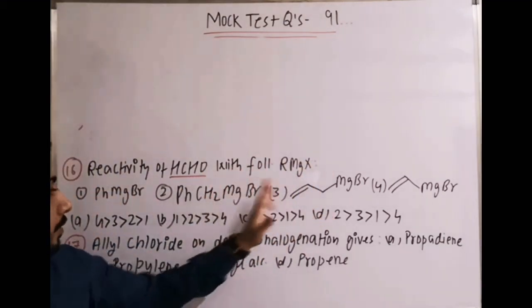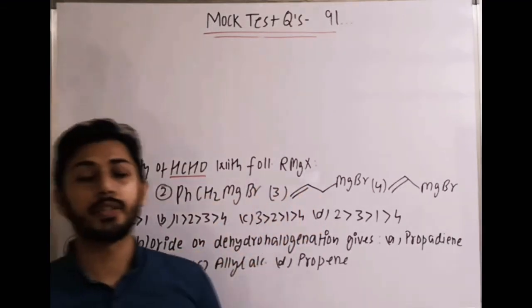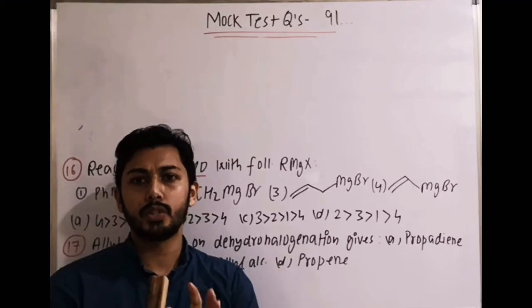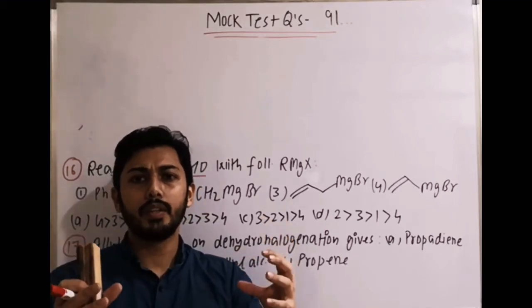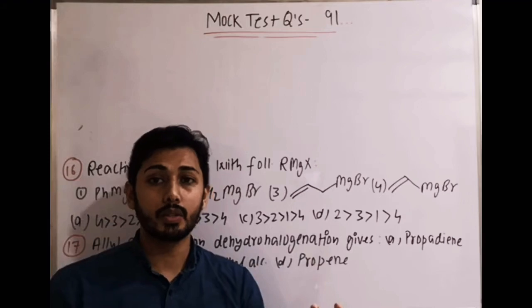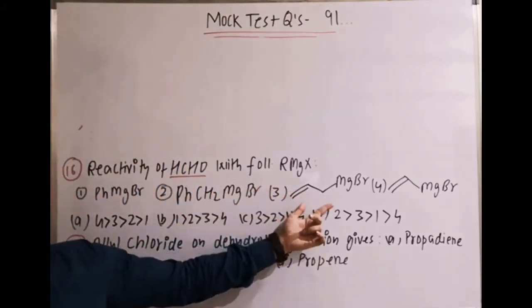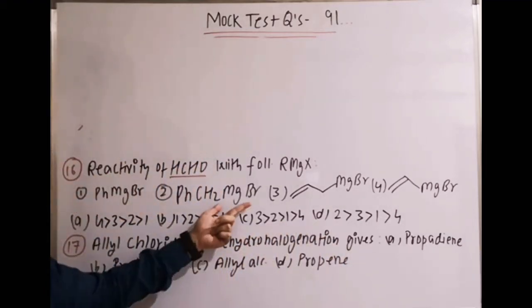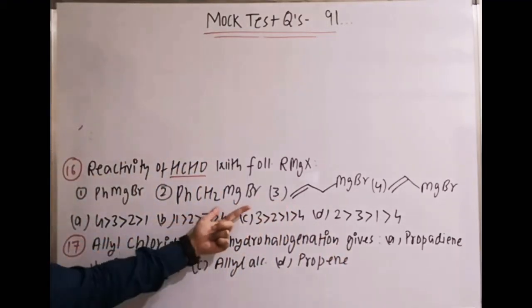So allyl and benzyl should be very fast in reactivity. Now here HCHO is not crowded. If it is a crowded one, then we have to think about steric hindrance of benzyl and allyl. But here because of HCHO, we can go for benzyl and allyl, which is faster.